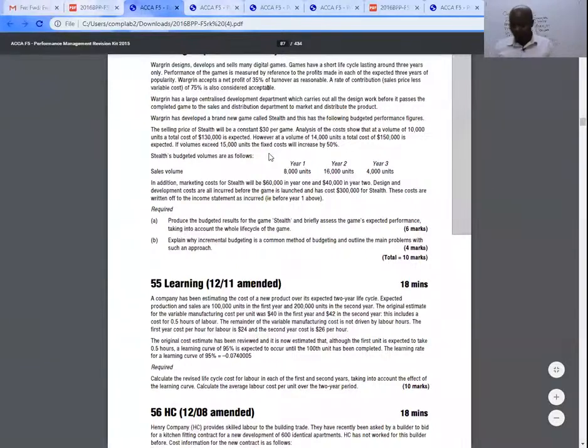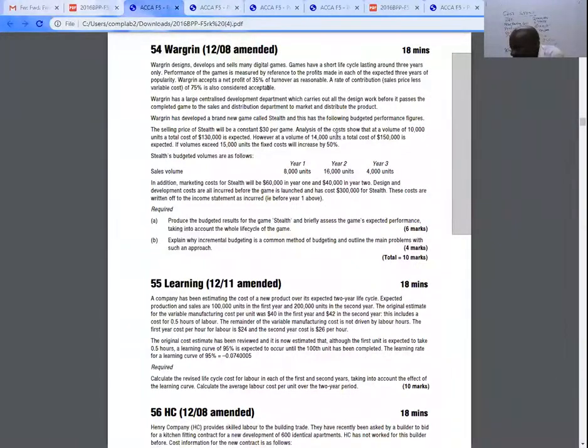Now, here the catchword is just one. They have told us the selling price of the steel will be constant at $30 per unit. Analysis of the cost shows that at a volume of 10,000 units, total cost will be 130,000. Please underline the words total cost.